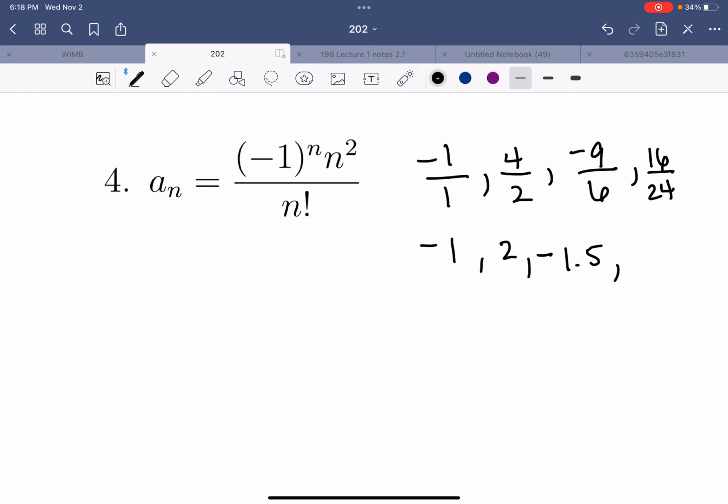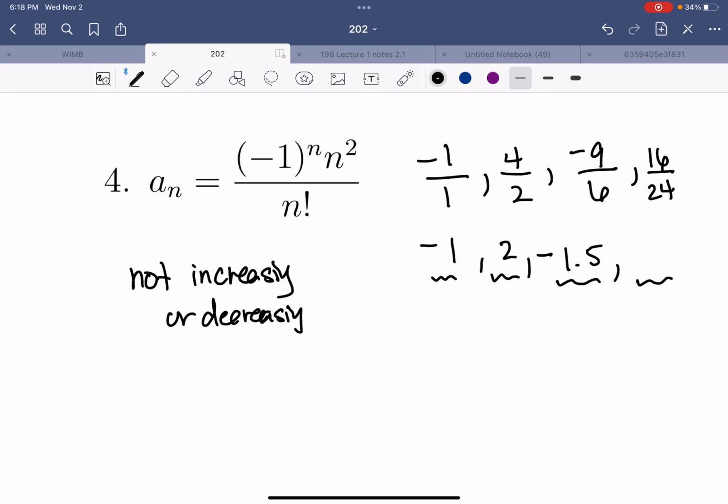So you can see that there is no pattern here because first of all, we're going to alternate back and forth, but you also start at 1 and then jump up to 2, and then it appears to be decreasing relatively quickly. So for all n greater than or equal to 1, this is not increasing or decreasing. It's doing a bit of both. It's increasing and decreasing.